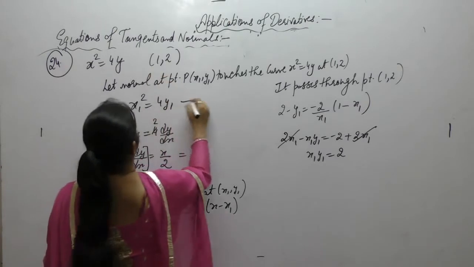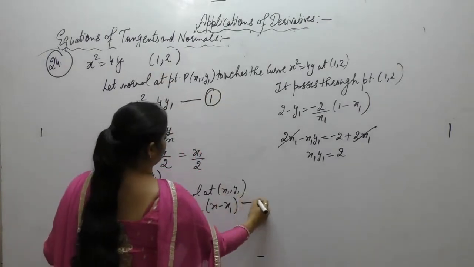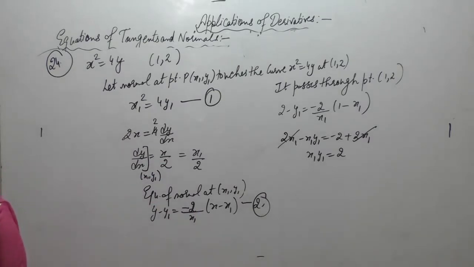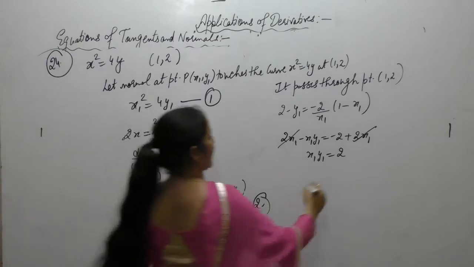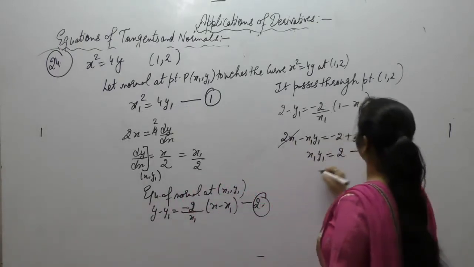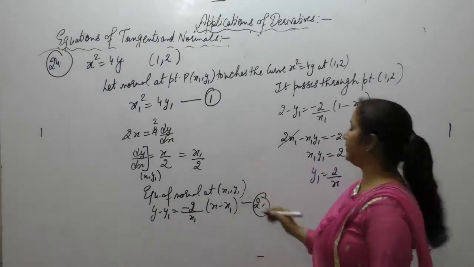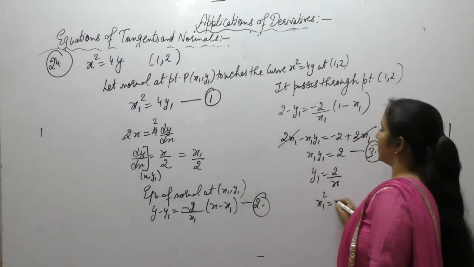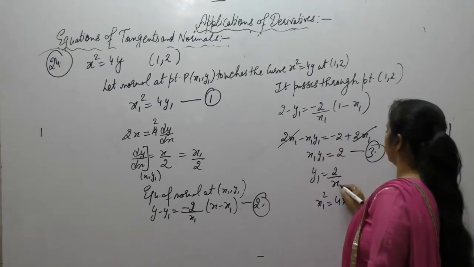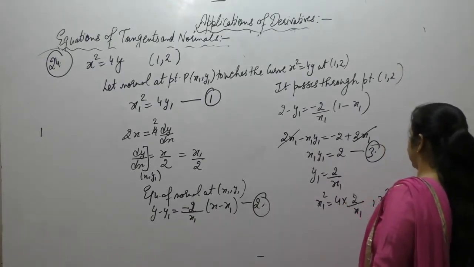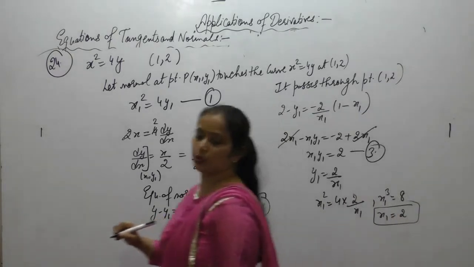Let this equation be 1, this be 2, and this be 3. From here find the value of y1: 2 upon x1, put in 1, x1 square, 4 into 2 upon x1. So x1 cube is equal to 8, or x1 is equal to 2.